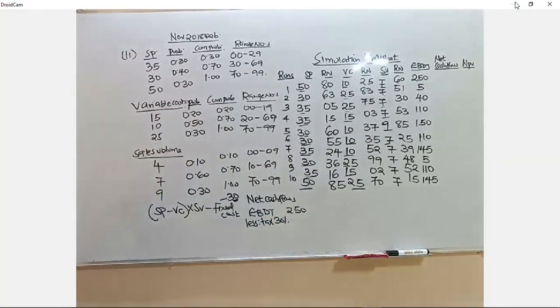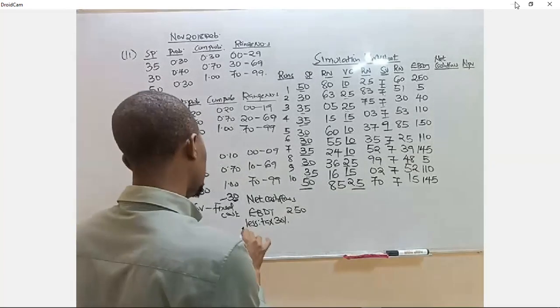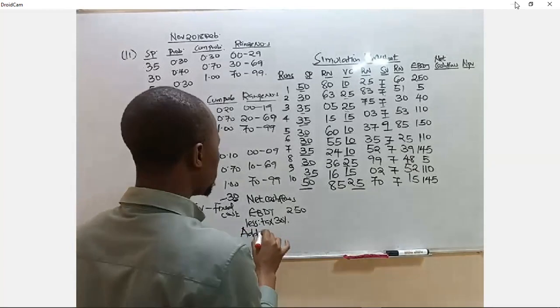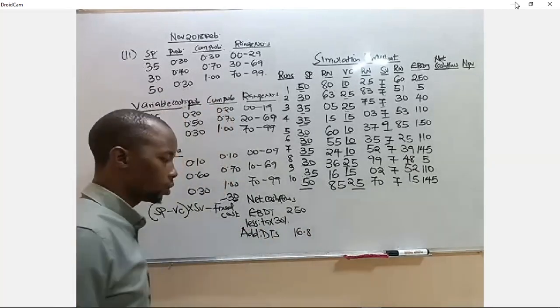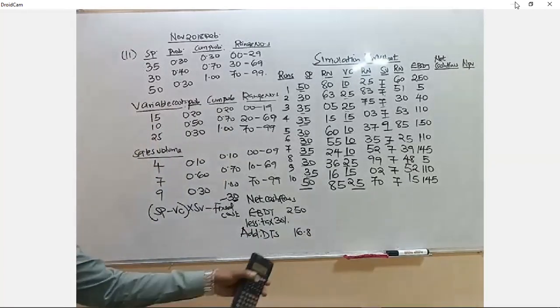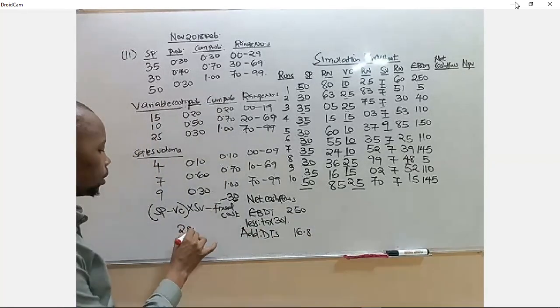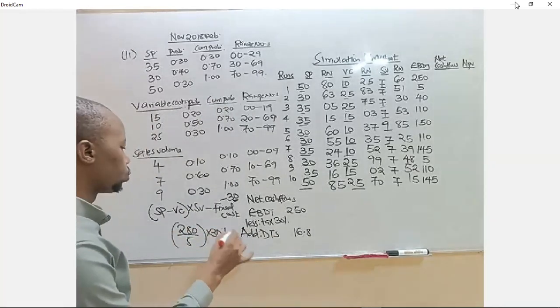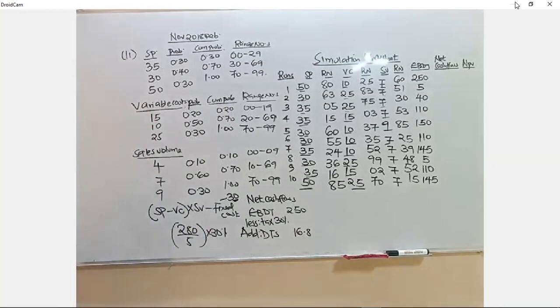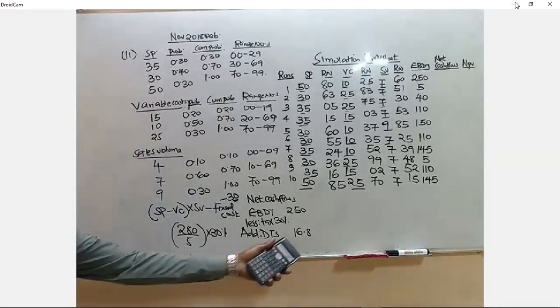After you less our tax, you add depreciation tax shields. Our depreciation tax shields, tulipata 16.8. It will not change. It will be 16.8. Ulichukua nini? 280, ukadivide by 5, then ukamultiply na 30%. So already unajua 280 ukadivide by 5, ukamultiply na 0.3, ukapata 16.8.